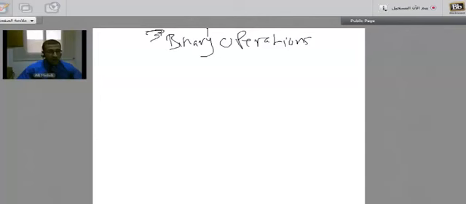Right. So binary operations. Let's have a look first at binary addition. We'll start by having a look at how we do addition. How do we add binary numbers together?